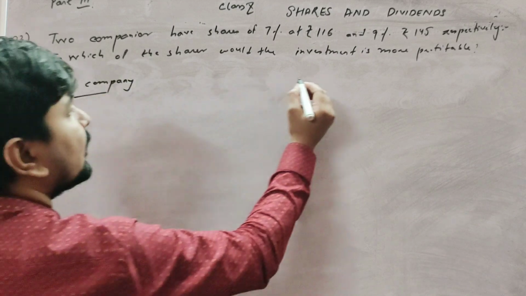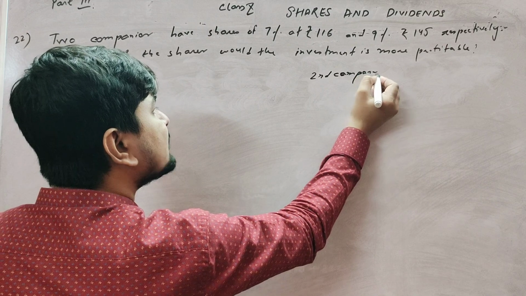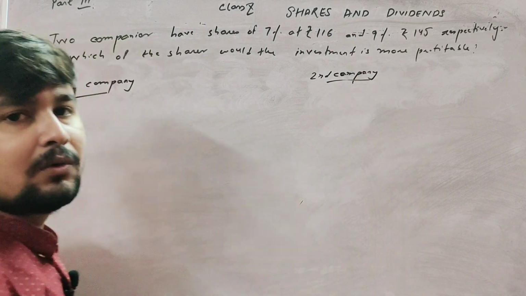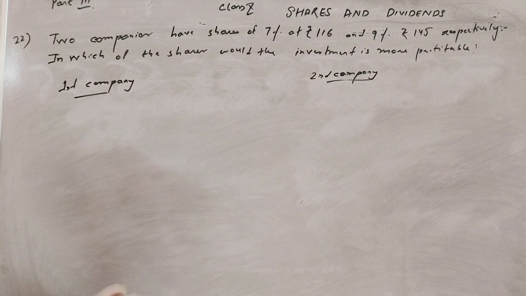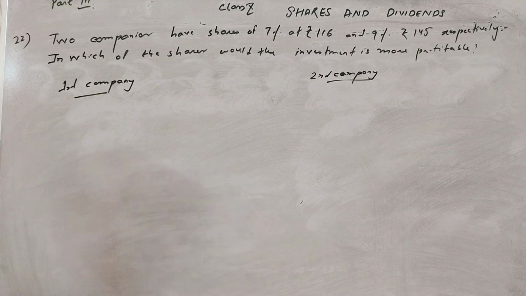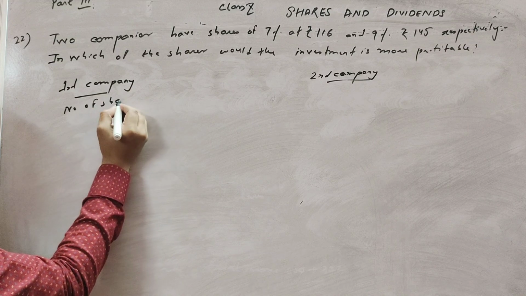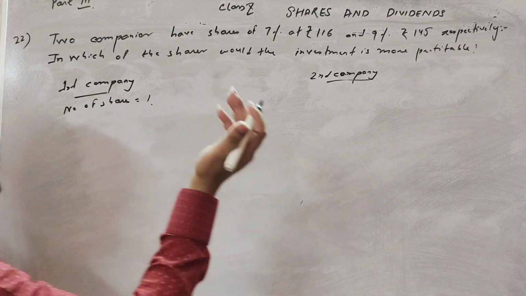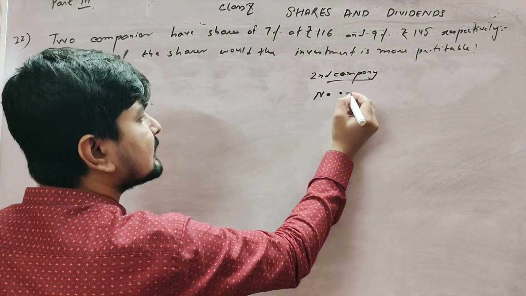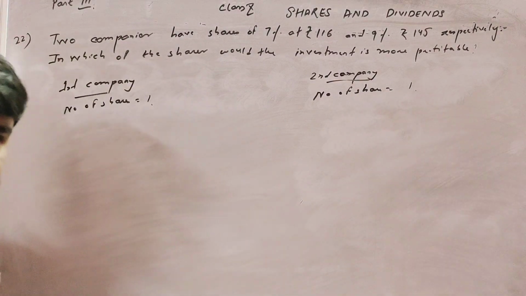Okay, so first company, again I repeat, we take number of shares as 1. Why? Because with one share we check what rate of return we get from these two companies. For one share, 2 shares, 100 shares, 1000 shares, it is the same rate of return. So we let number of shares equal 1 just to calculate the rate of return, nothing else.